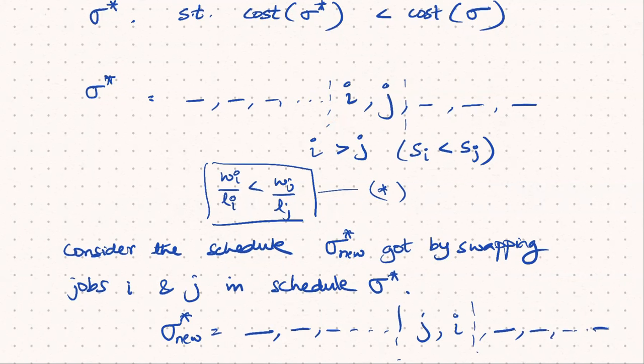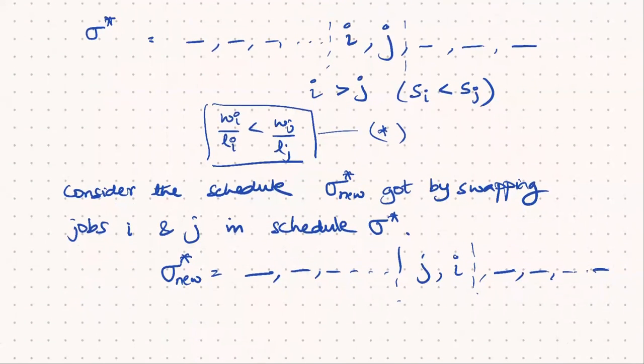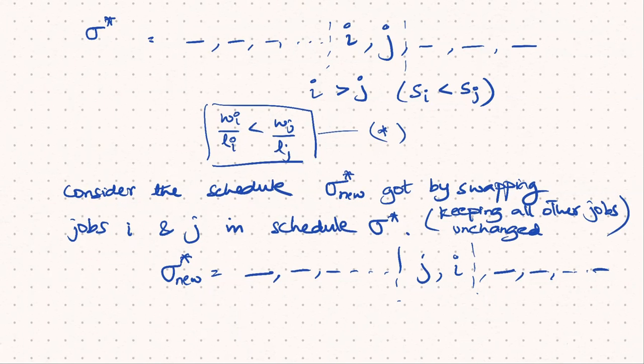Okay, so we have just swapped these two jobs to get a new schedule which we are calling sigma star new, keeping all other jobs unchanged. All the other jobs, their orderings are not changed.